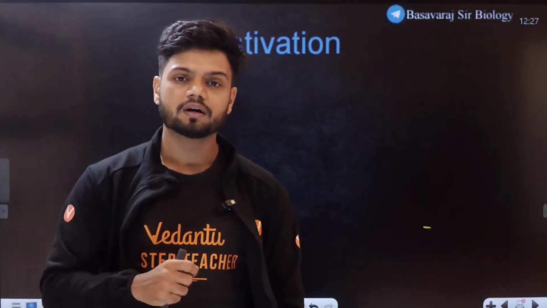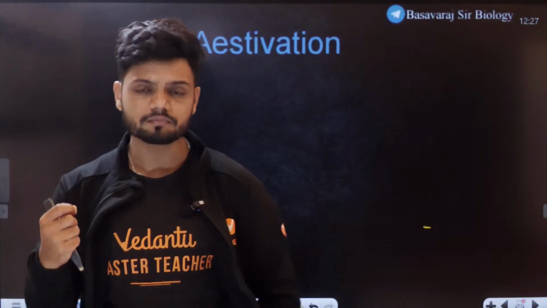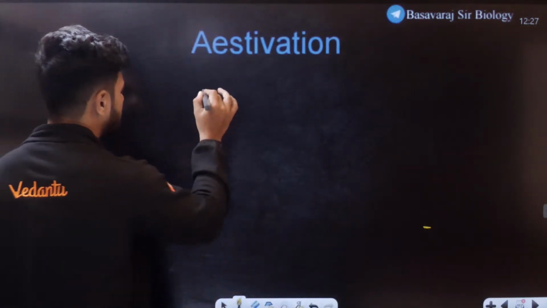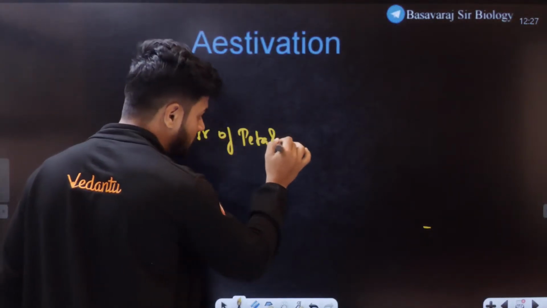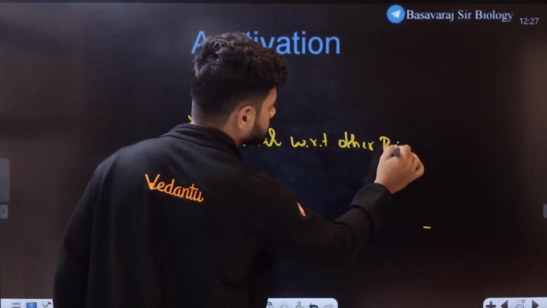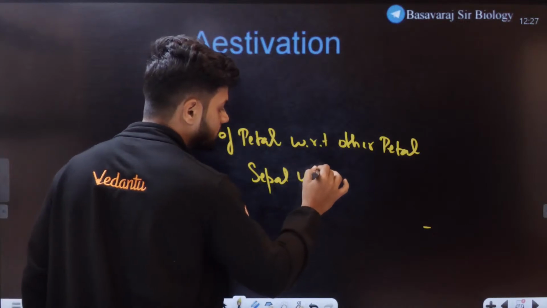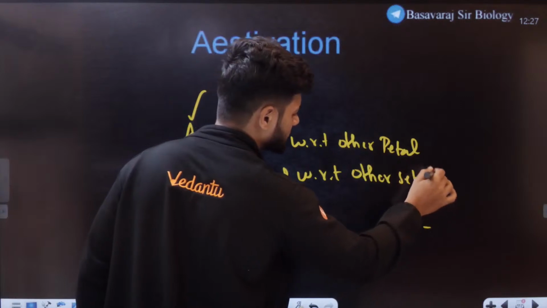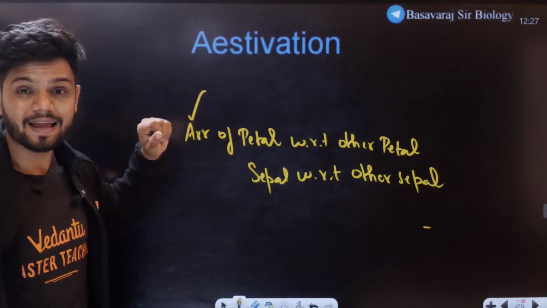Estivation is nothing but arrangement of petals with respect to other petals, or arrangement of sepals with respect to other sepals. That's all. That is called estivation.